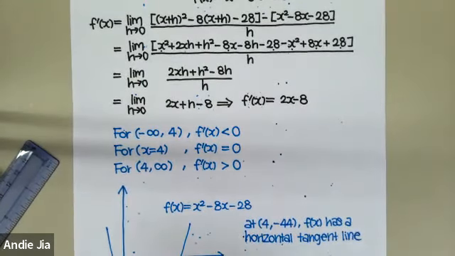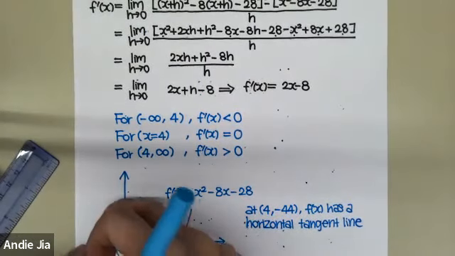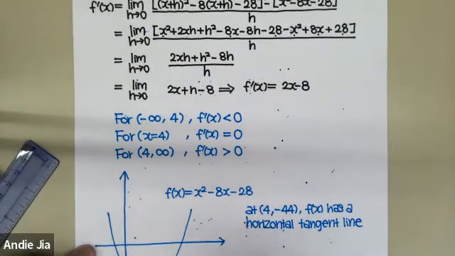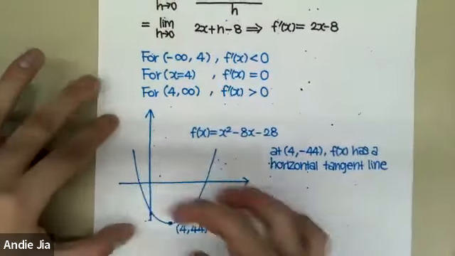And you can see after x equals 4, the function is increasing, getting steeper. For x less than 4, the function is decreasing, but it's less steep.